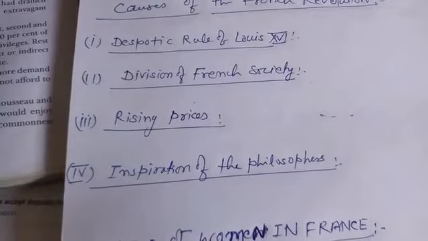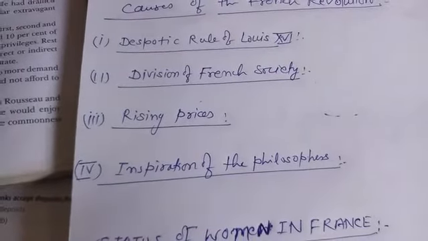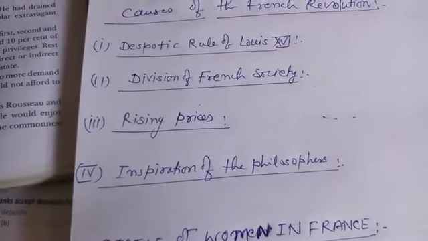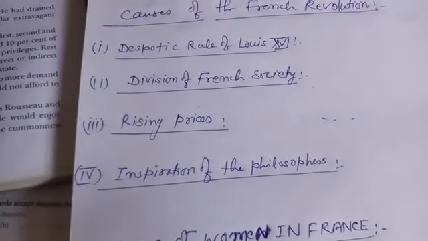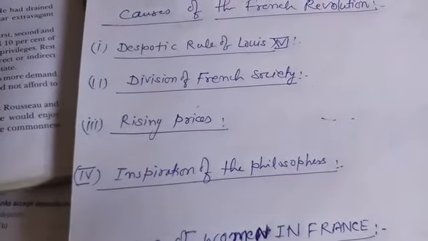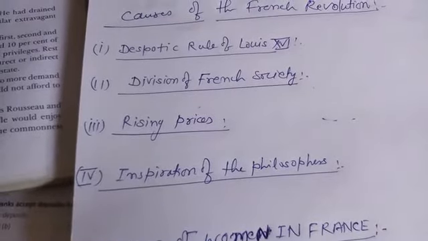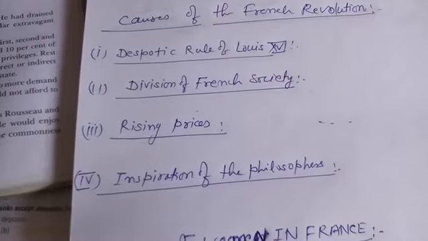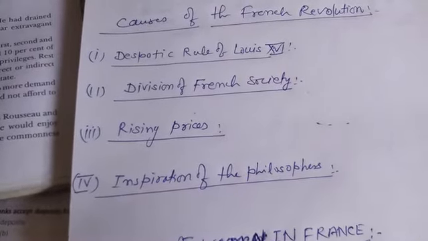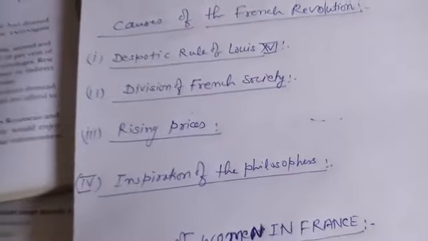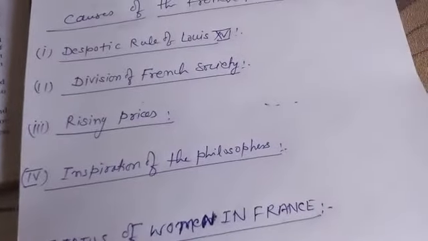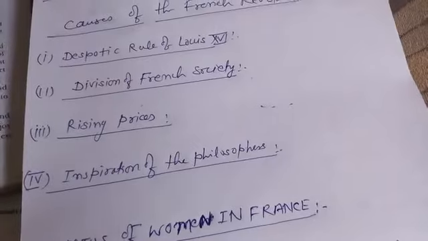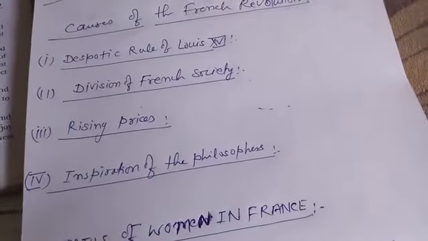It was a very tough situation for the poor people, who belonged to the third estate. Prices increased due to the excessive growth of population, so it was very tough for the third estate people to survive. The gap between the rich and the poor widened; the rich became richer and the poor became poorer.